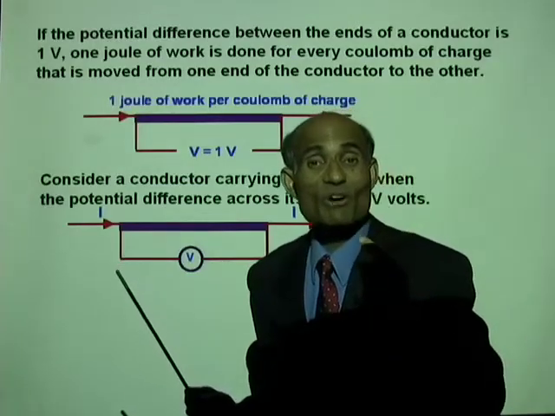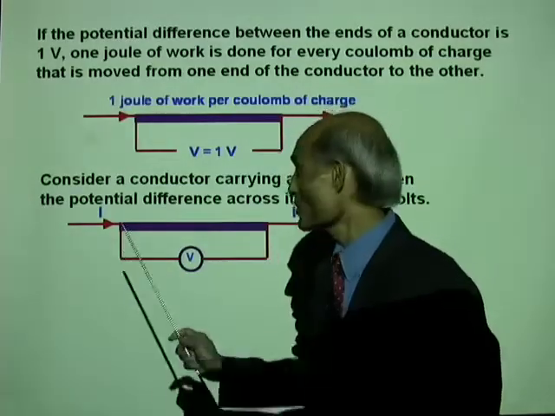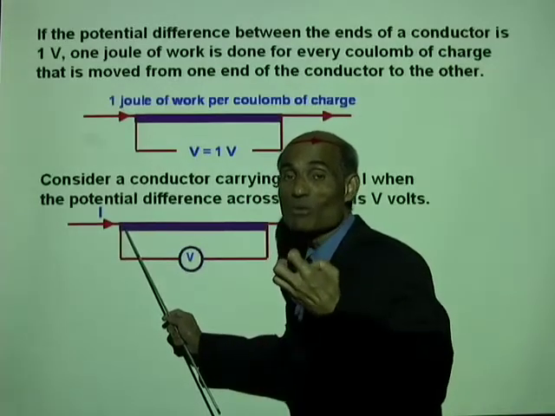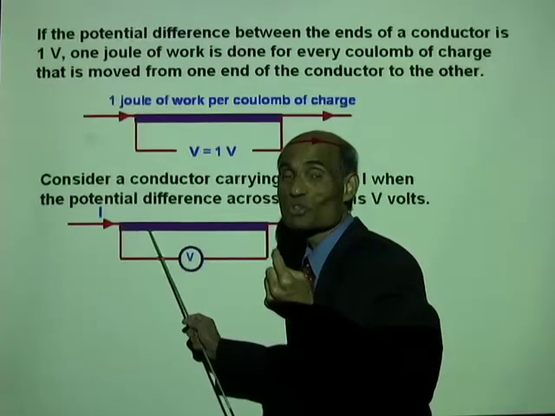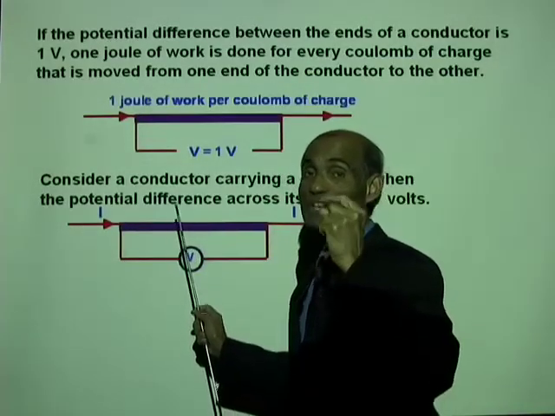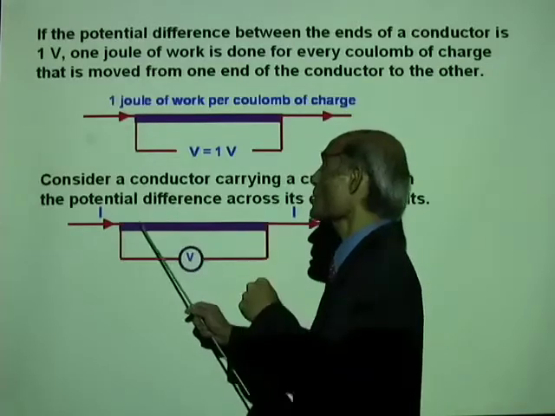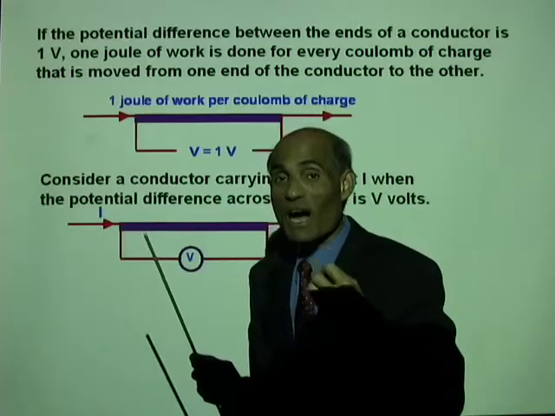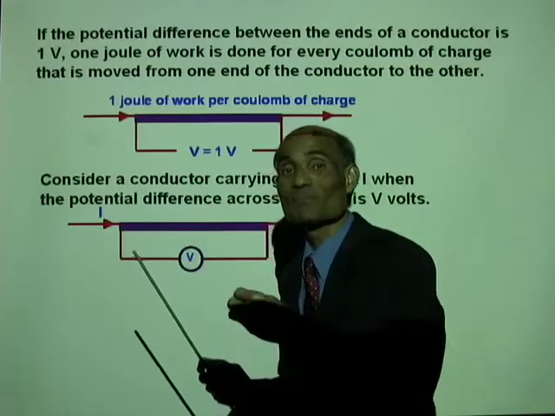Current is the rate of flow of charge. So when we say the current is I, it means the amount of charge that passes through the conductor per second. In 1 second, there is I coulombs of charge going through the conductor. I ampere is I coulombs per second.